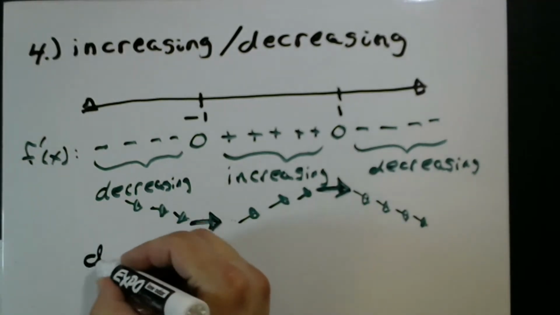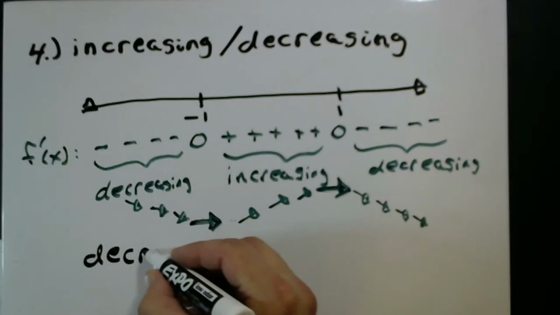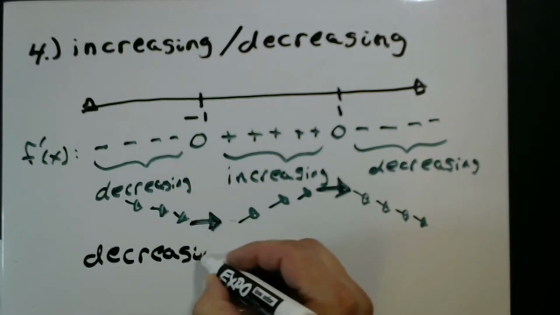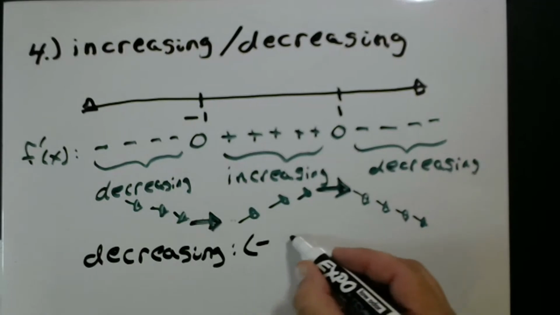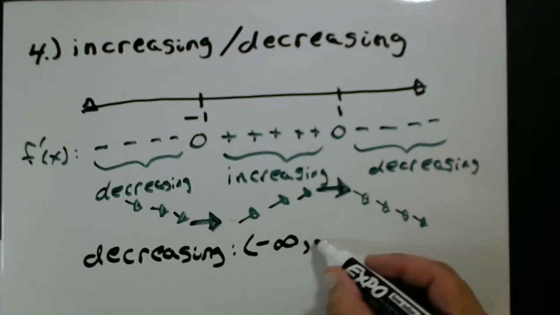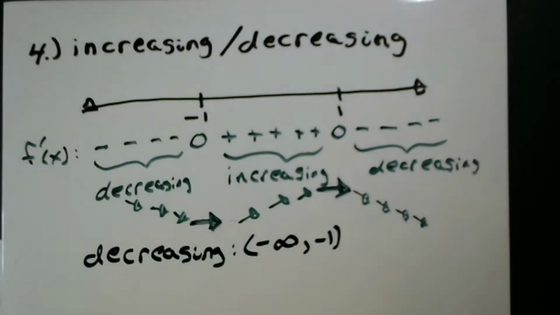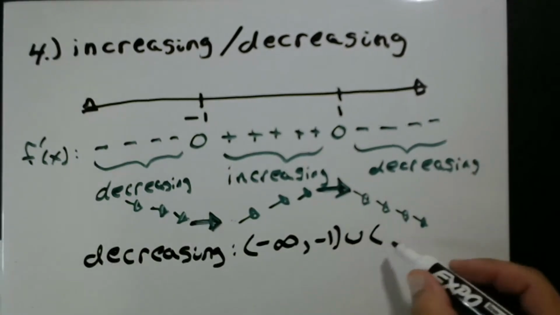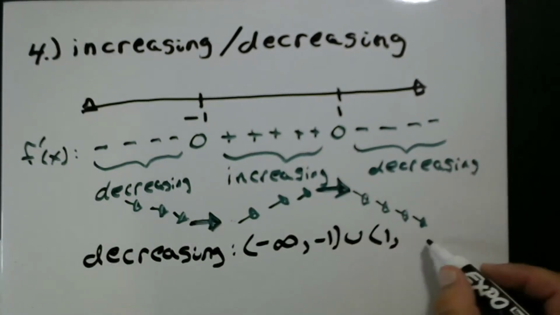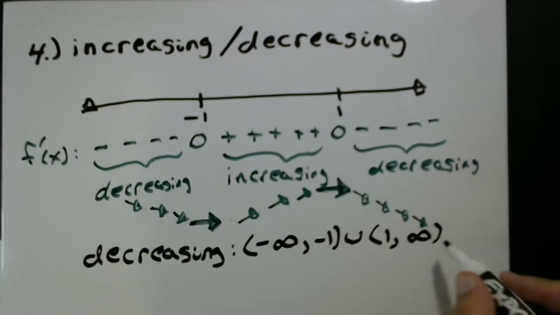So for decreasing, from negative infinity to -1, not equal to -1, it's 0 at -1. We could union that with 1 to infinity.